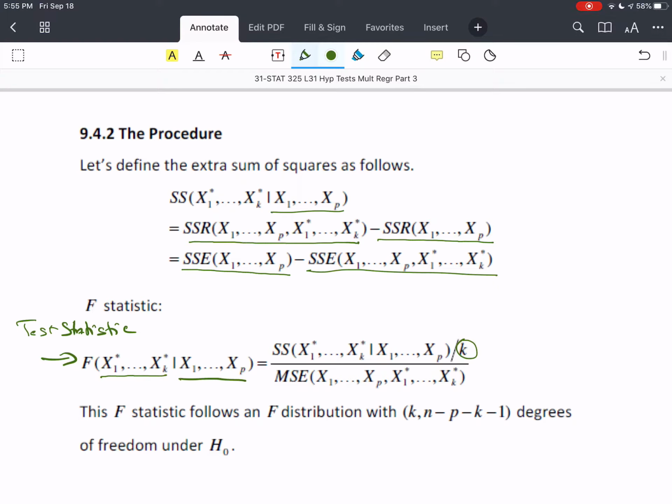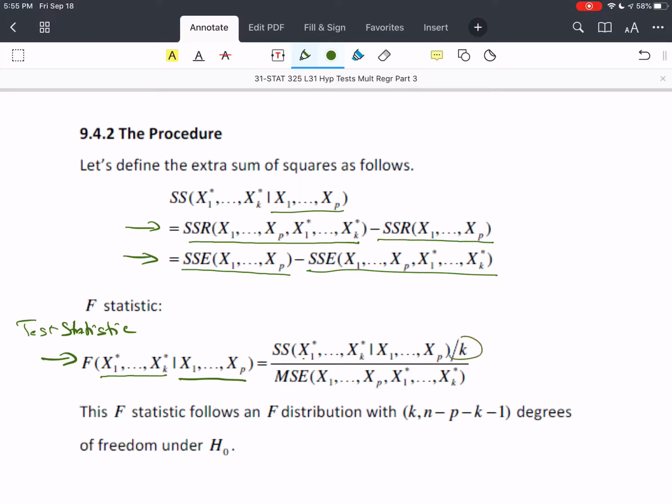So sum of squares of x1 star to xk star given x1 to xp, which is either one of these values, which is the same value, divided by k, so the degrees of freedom of adding k variables, which is k. So we have a degree of freedom for every variable that's added.